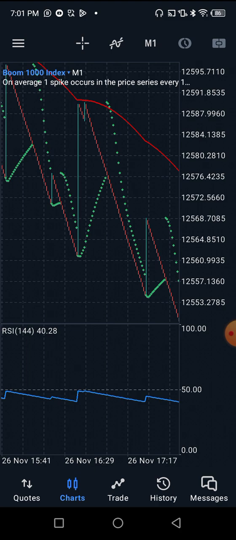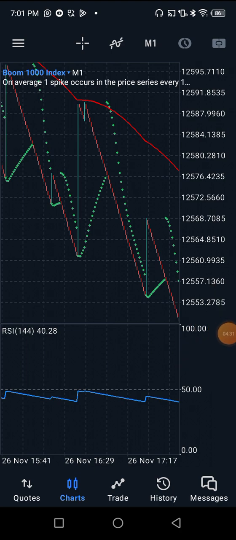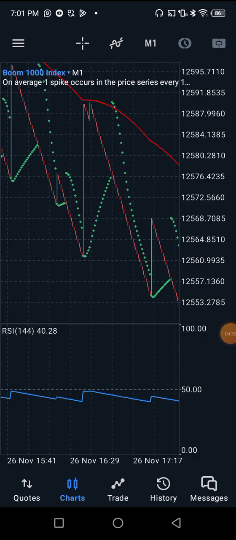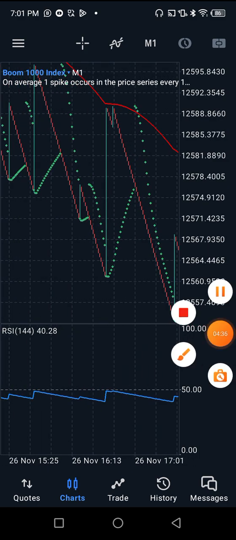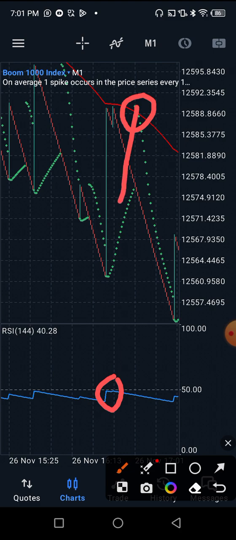Our parabolic to come outside when you have seen this relative strength index here. Then you wait for your parabolic SAR to come outside here. When it comes out guys, you enter your trade.